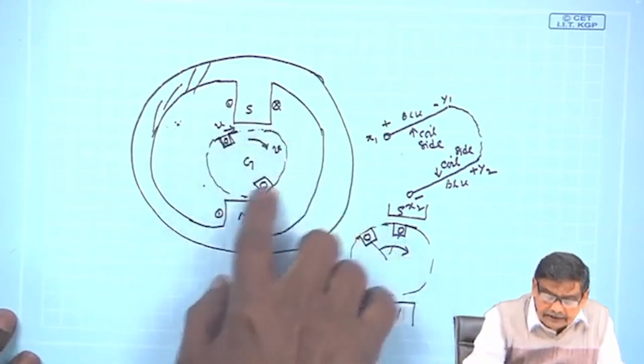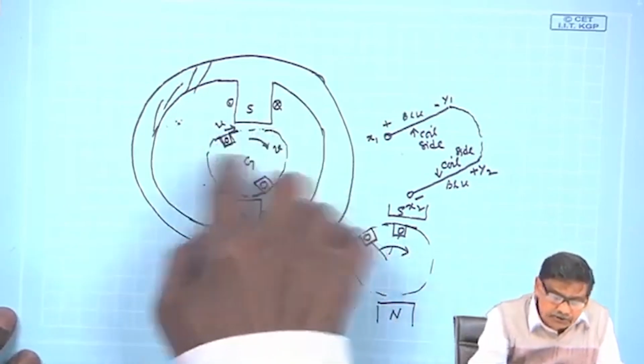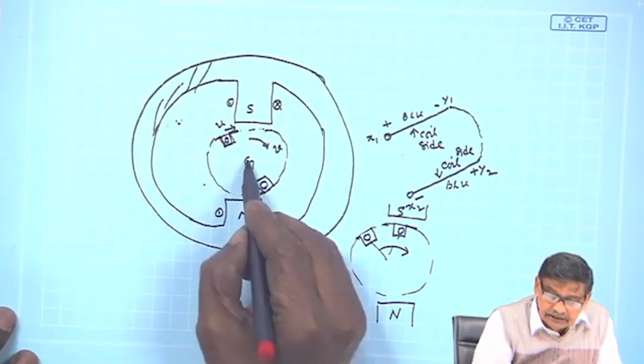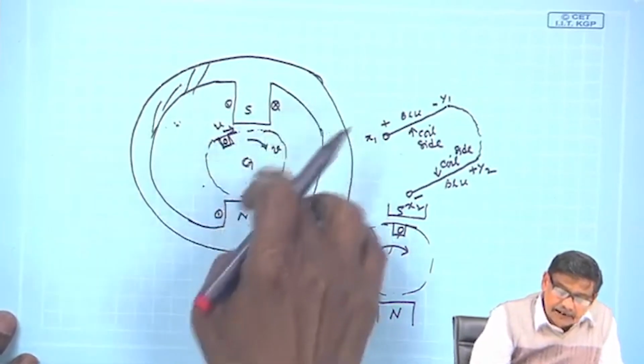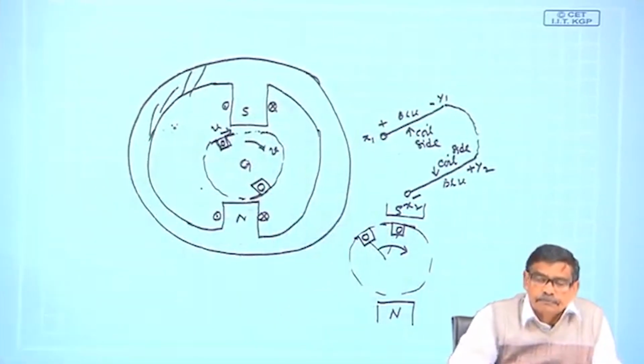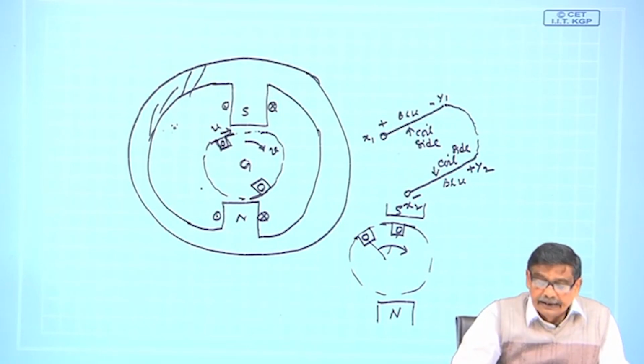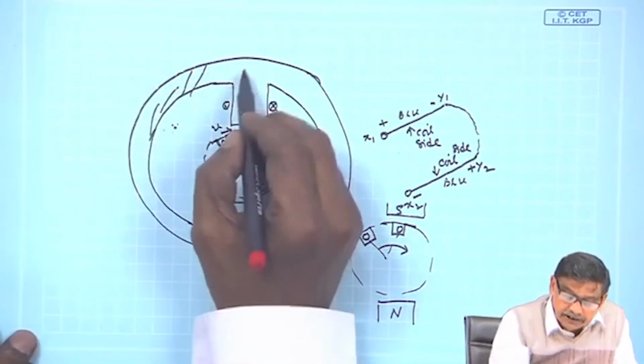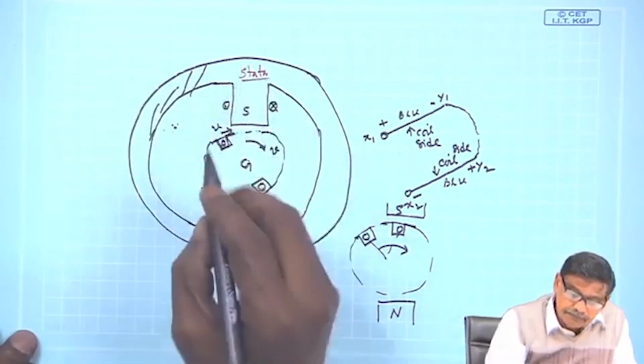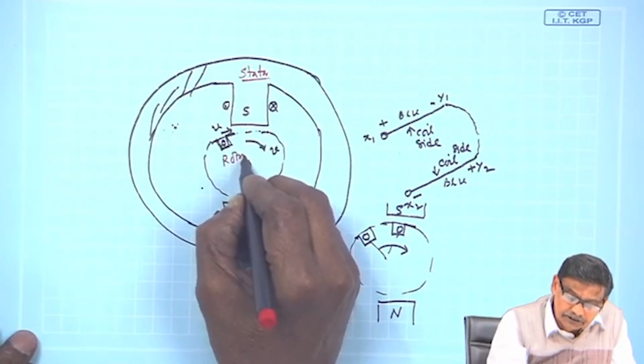Another cylindrical thing which will have a shaft, it is free to rotate. Then I say that this is the stator body, this is the stator and this is the rotor which is free to rotate.